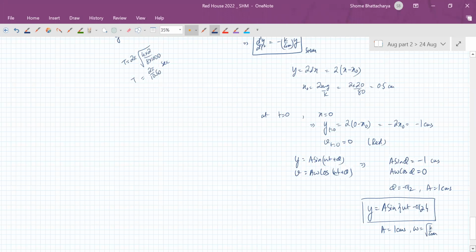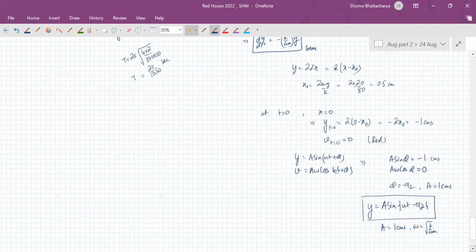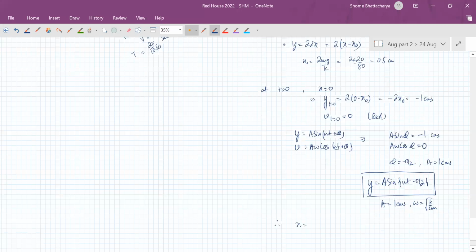Now if y is this, then we can also say that, if you invert this relation, x minus x naught is y by 2. So x is equal to x naught plus y by 2.